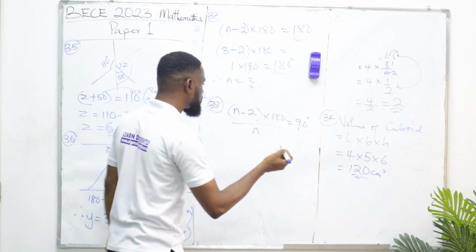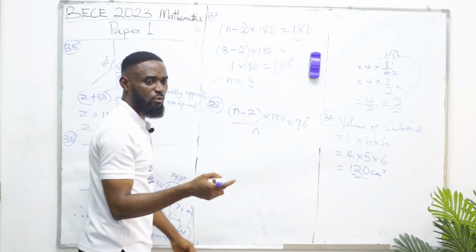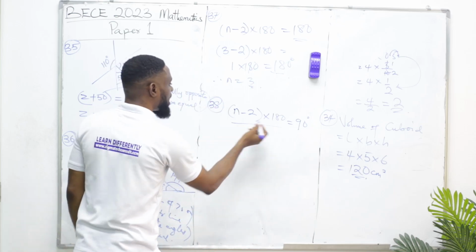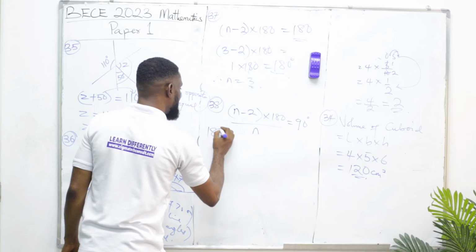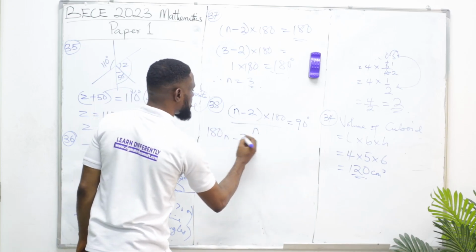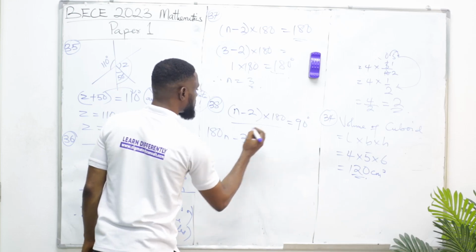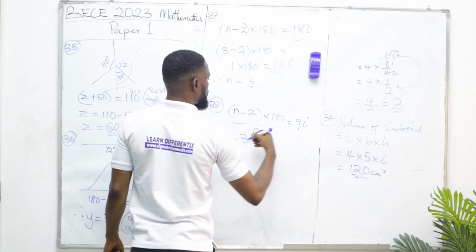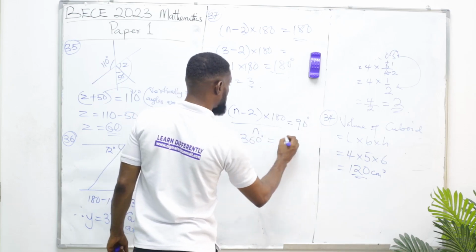So that being done, remember what they're asking us to find is the number of sides, which is this n. So we have 180 times n minus 180 times 2, which is 360 degrees, all divided by n, is equal to 90.